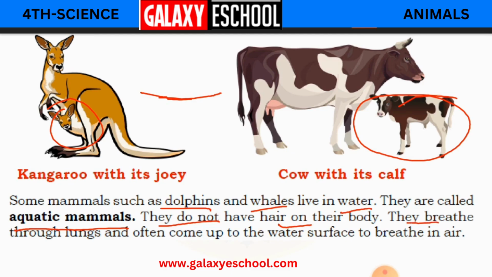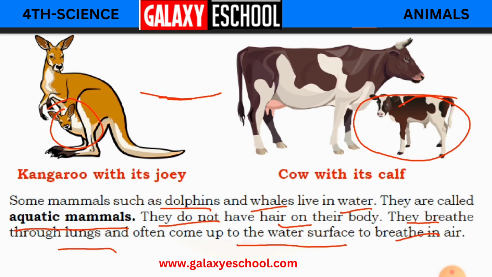They breathe through lungs and often come up to the water surface to breathe in air. So they breathe through lungs, but as they live in water, they come to the water surface, above the level of water, to breathe in air.